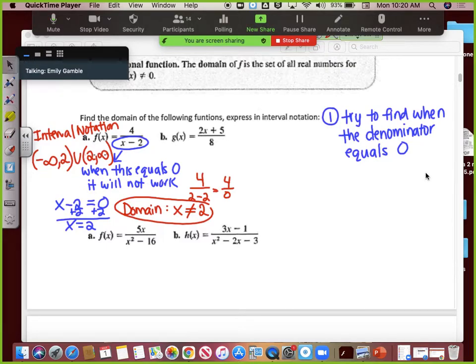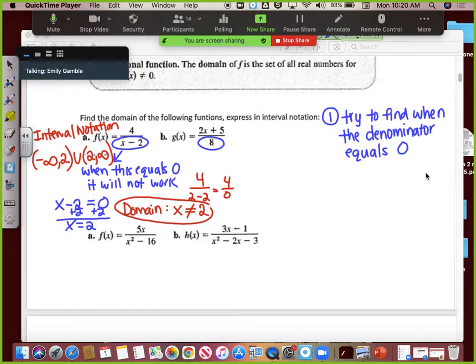So when I look at the second example, g of x equals 2x plus 5 over 8. So you just look at the denominator for now. And the only way the denominator can ever equal to 0 is if there is some sort of variable. This is just a plain 8. 8 will never be able to equal 0 because there's no variable that could make it equal to 0.